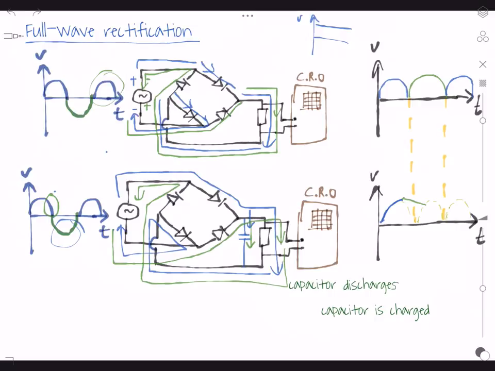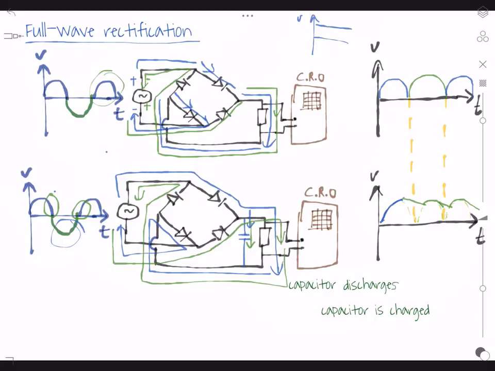And then the capacitor is charged again during this time. So that's why we have another curve here, something like this.